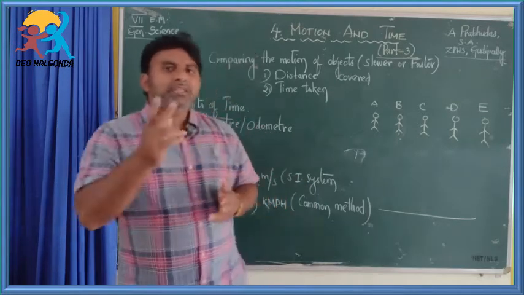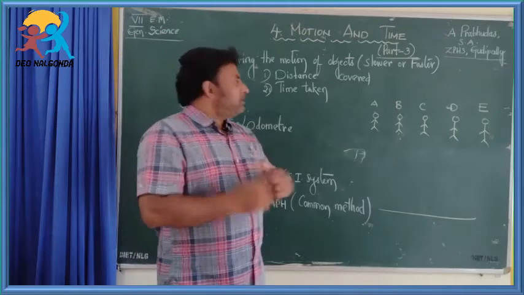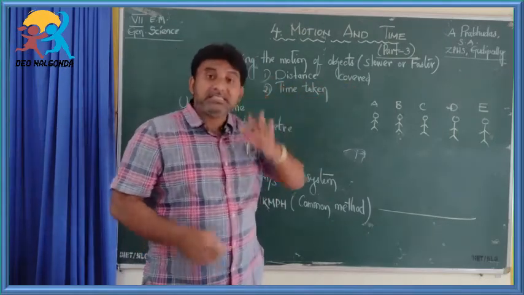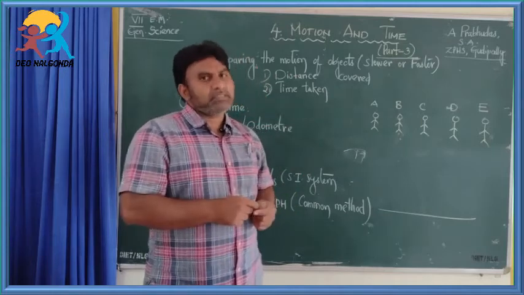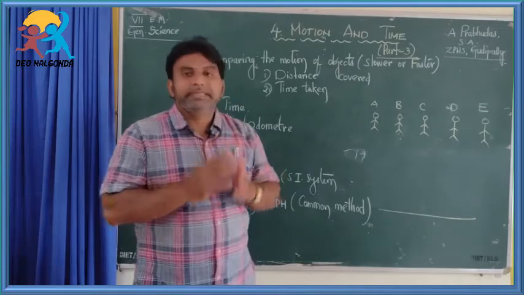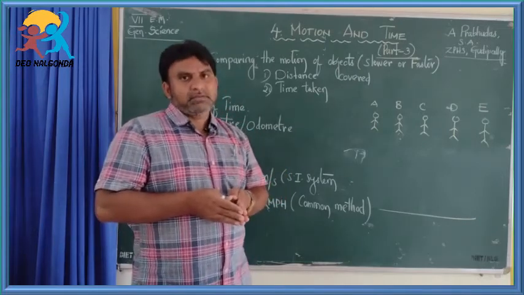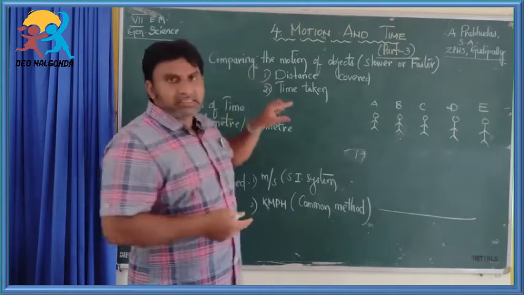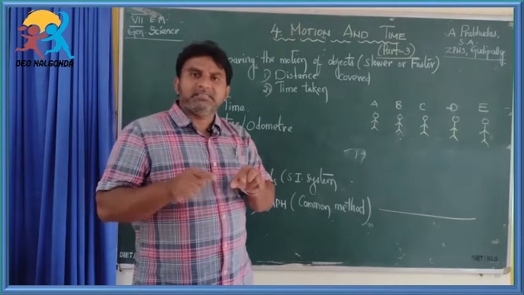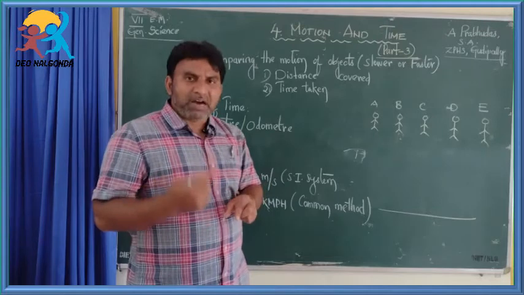For that we need two quantities. The first quantity is the distance covered or the distance travelled by an object, and the second quantity is the time taken.